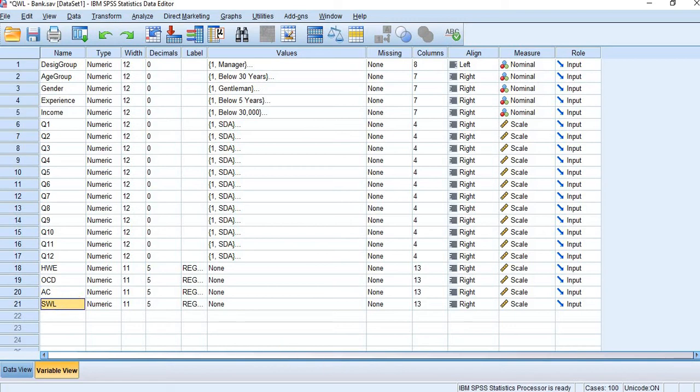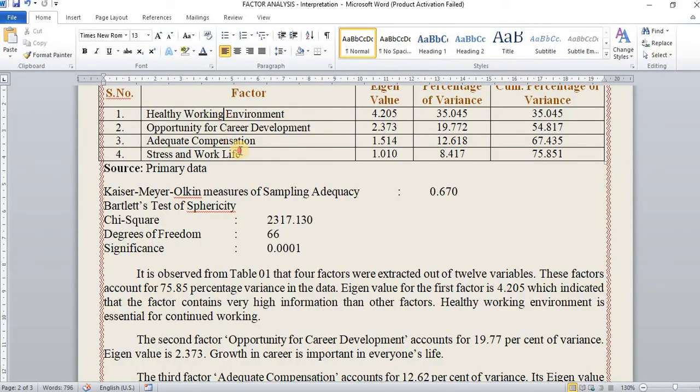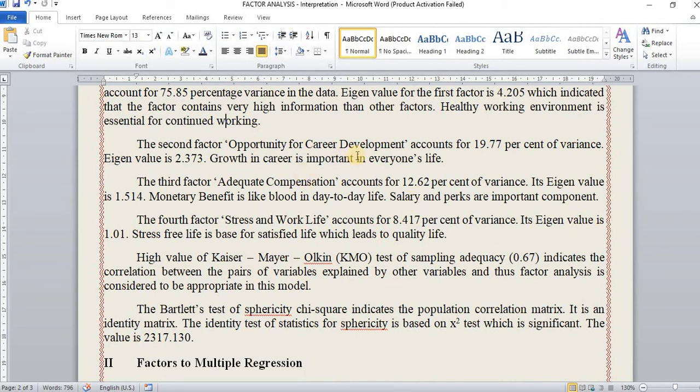So based on this information, these factors were named and the interpretation goes on. In the first factor, a healthy working environment is essential for continued working. And the second factor, opportunity for career development, accounts for 19.77% of variance. Eigenvalue is 2.373. Growth in career is very important in everyone's life. The third factor, adequate compensation, accounts for 12.62% of variance.